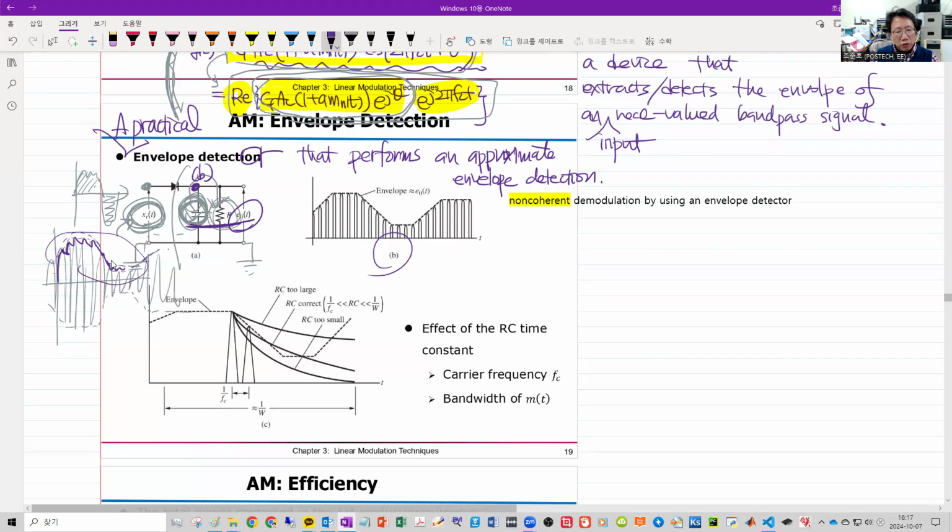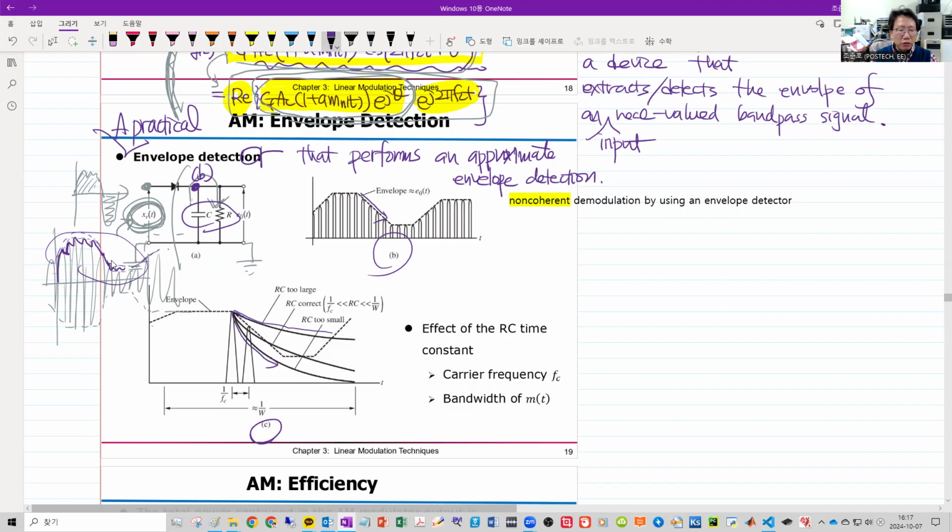But anyway, you have the approximate envelope. However, as figure C shows, depending on the RC time constant, the relative value of this product, when the envelope goes down, the envelope detector may not follow the envelope, or it may decay too fast.